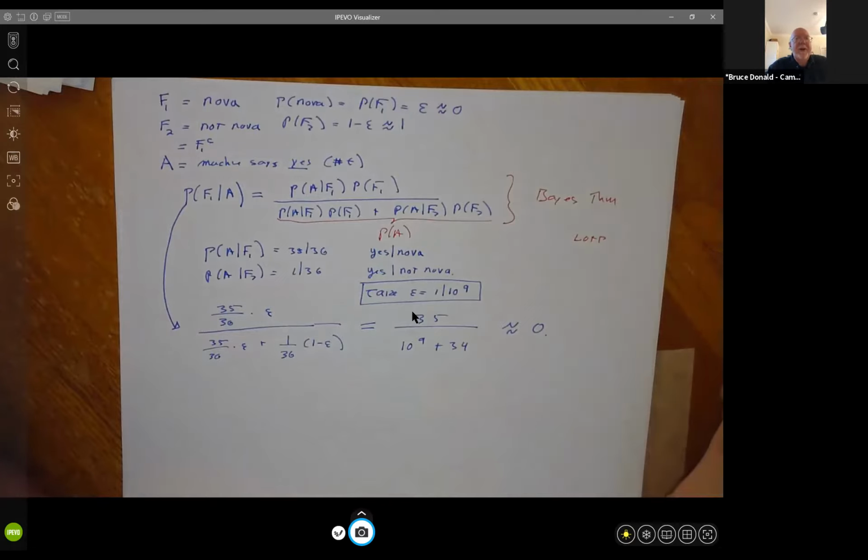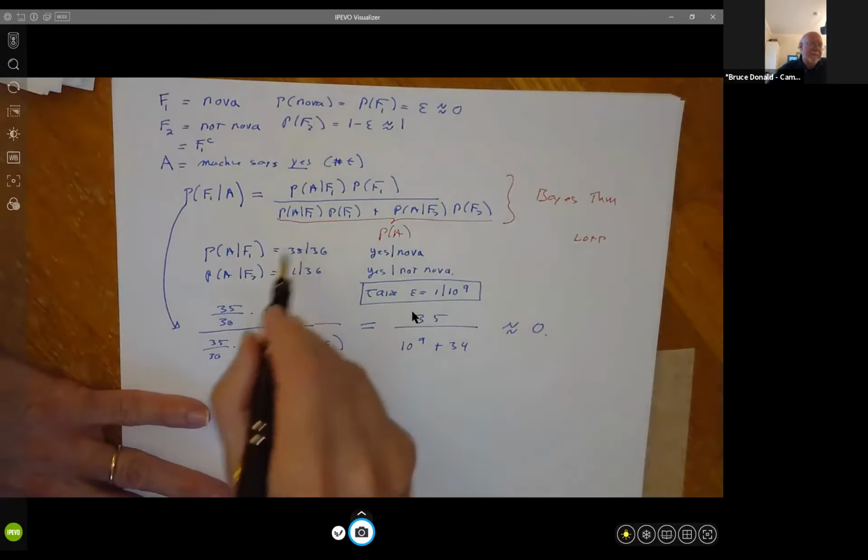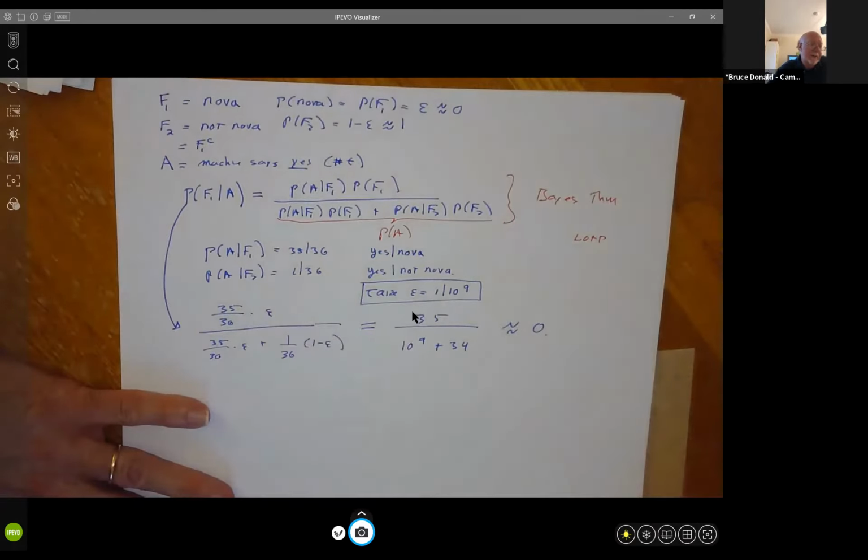This is an example of how we can apply rigorous mathematics, namely the combinatorial calculations about a fair die, which is mathematically exactly right, with any prior knowledge that we might have. So if we have prior knowledge that a supernova is a rare event, we can incorporate that into this framework.